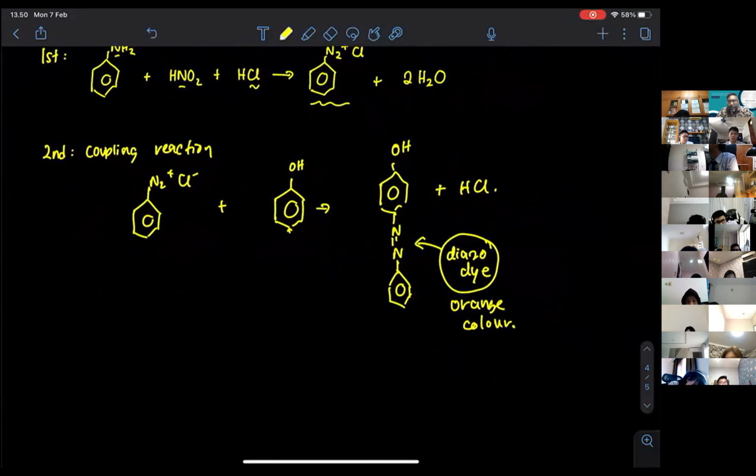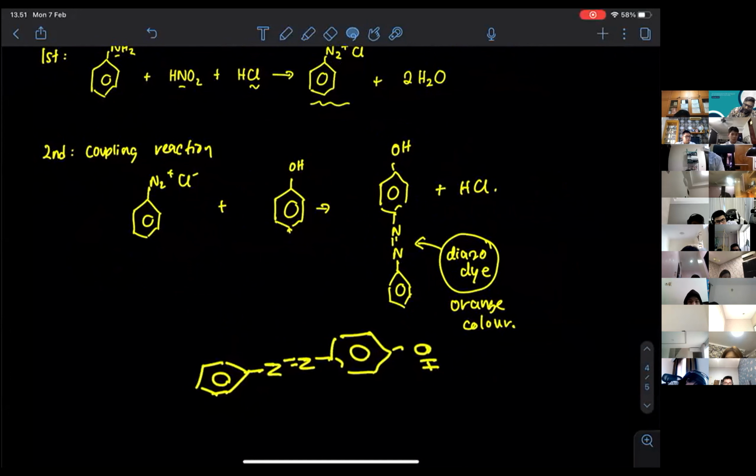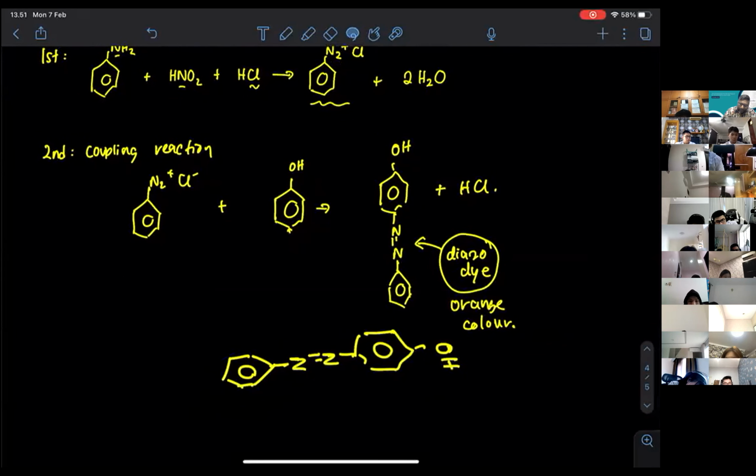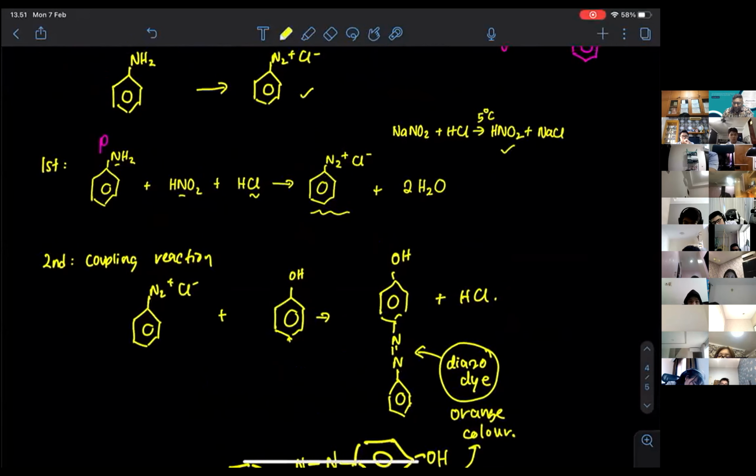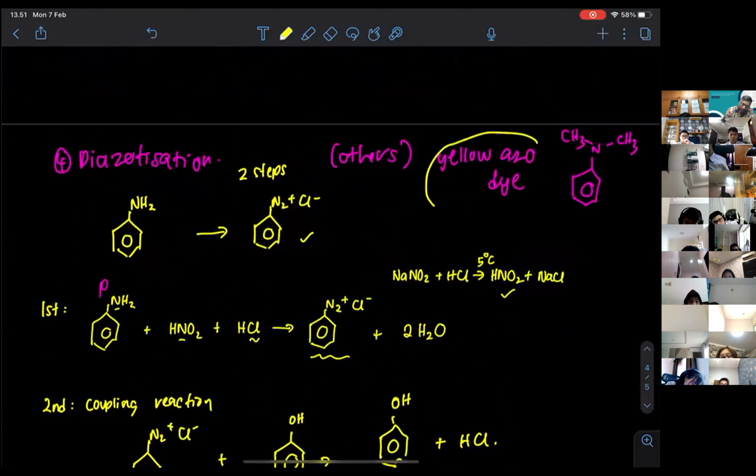Normally they don't keep it like this, they turn it around this way. So I can also write nitrogen, OH. It's the same. But in your syllabus, I will teach you this again, because there is also a yellow dye that can be formed.